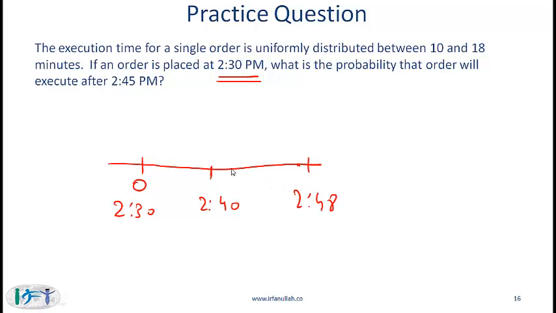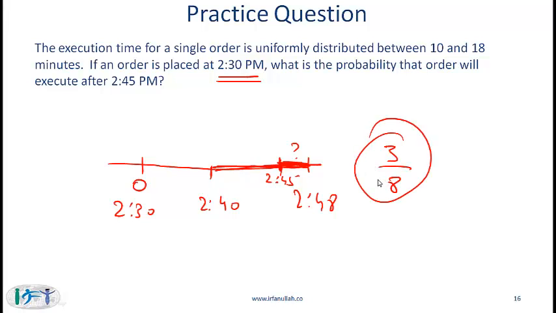The question is, what is the probability that the order will execute after 2:45? So if you simply look at this, we are asking for this probability. That is simply equal to 3 in the numerator divided by the total distance, which is 8. So the probability is 3 over 8.